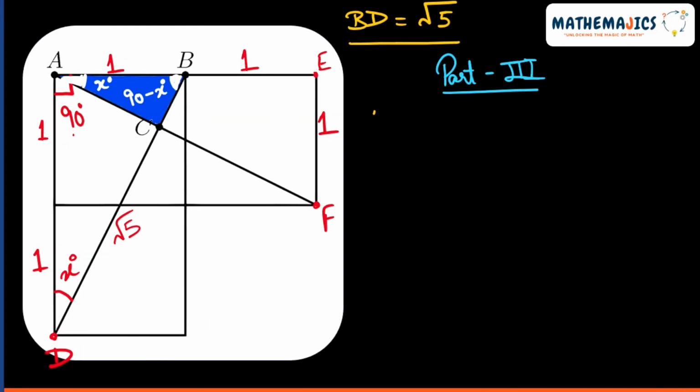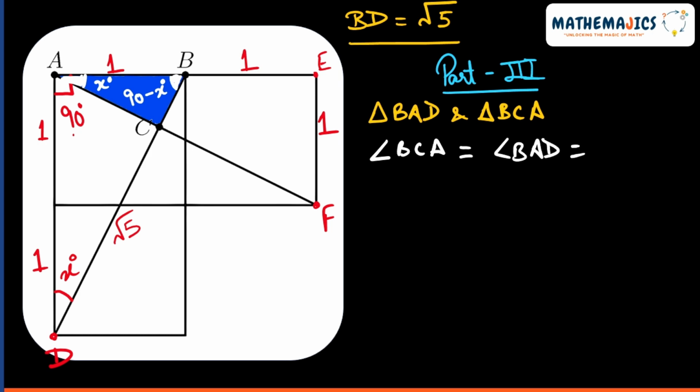In the third part, we will look at triangle BAD and triangle BCA. Now we can clearly see that angle BCA is equal to angle BAD, both are 90 degrees.